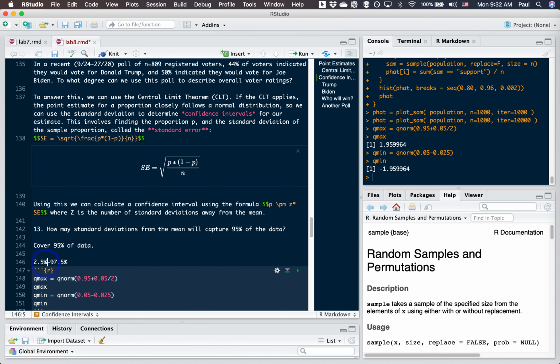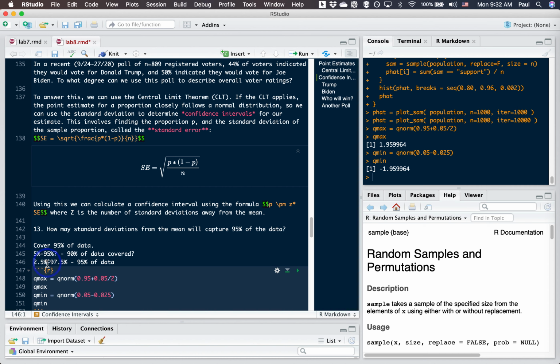I'm going to describe why this is. Why don't we go from 5% to 95%? This is kind of a nuanced issue that can be overlooked. If we look at this range here, we're actually only covering 90% of the data, right? If we look at this one, 97.5 minus 2.5, we get 95% of the data. So you see we have to split the difference.